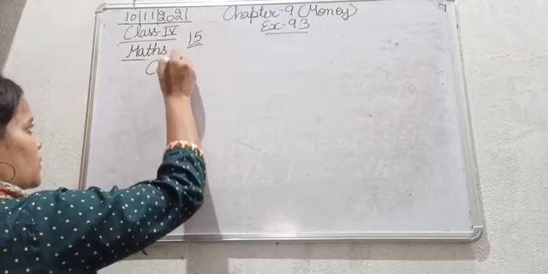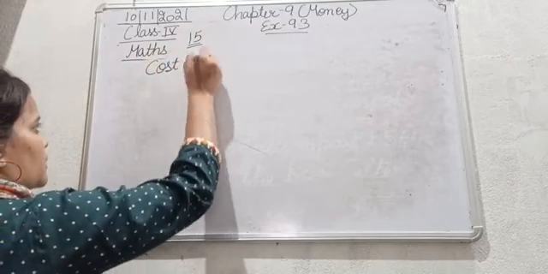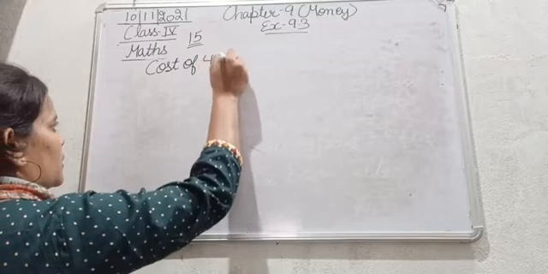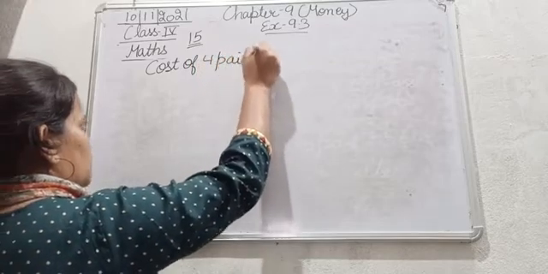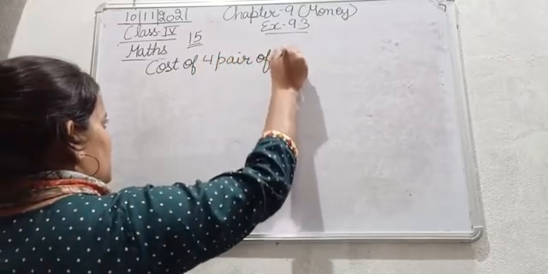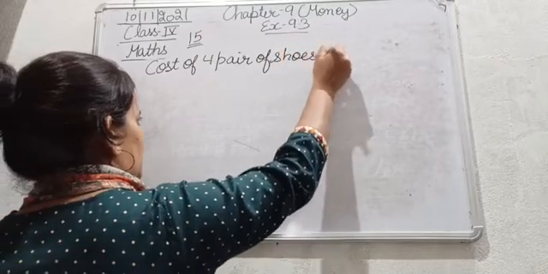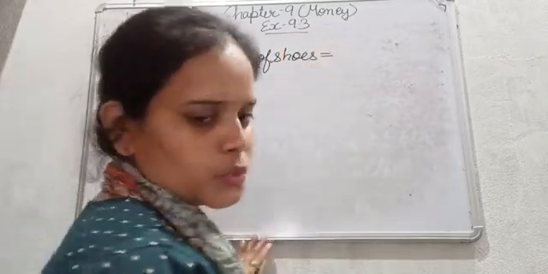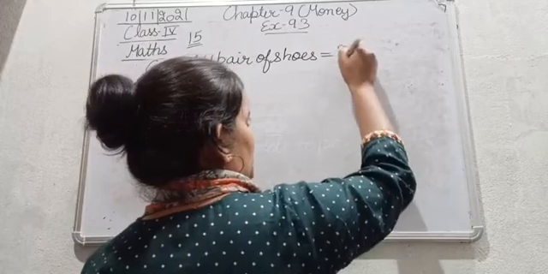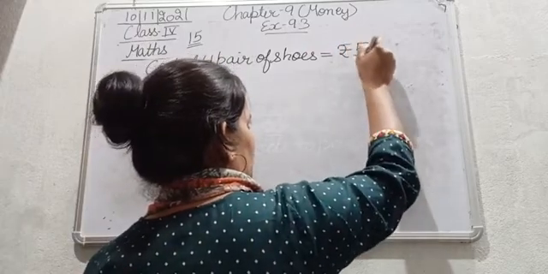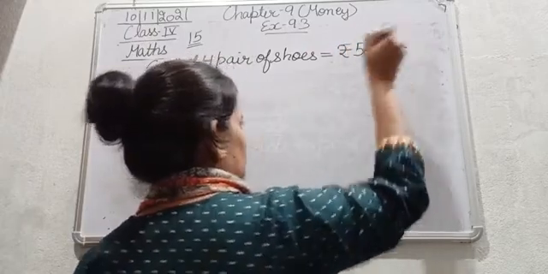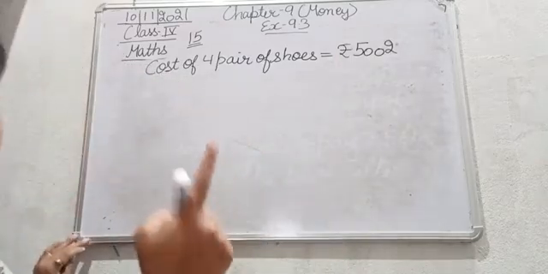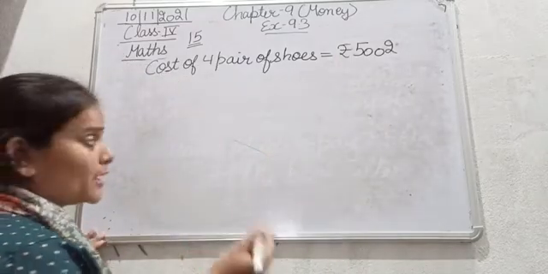Cost of 4 pairs of shoes, that is 5002 rupees. We need to find the cost of 1 so that we can find the cost of 3 as well.